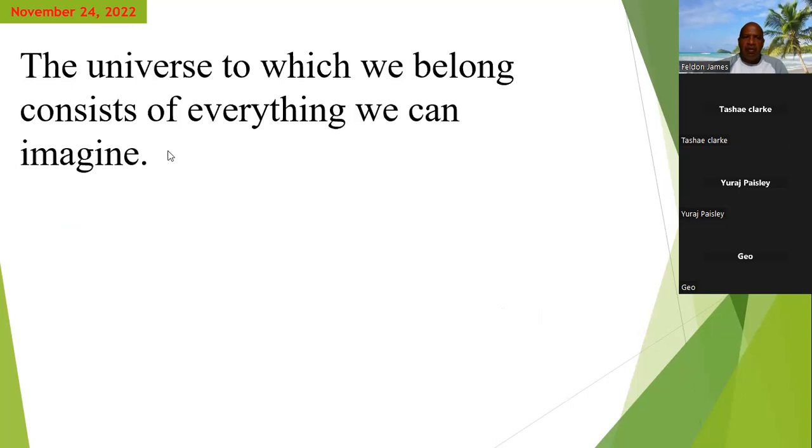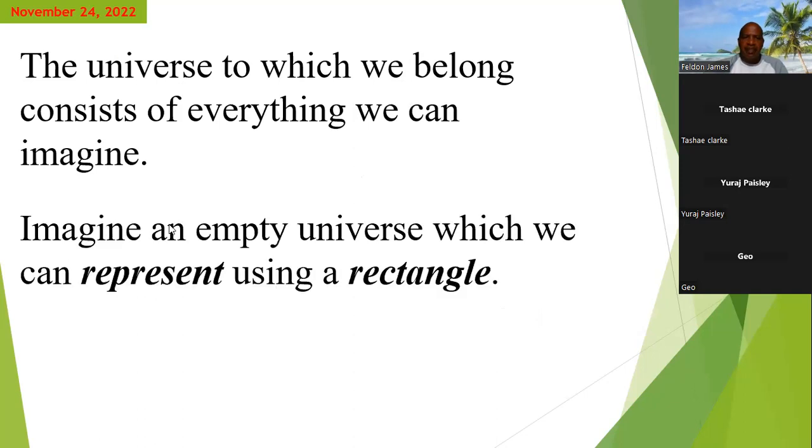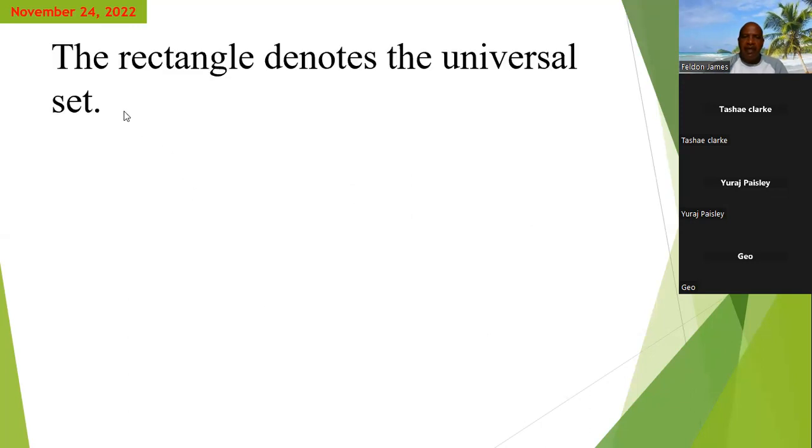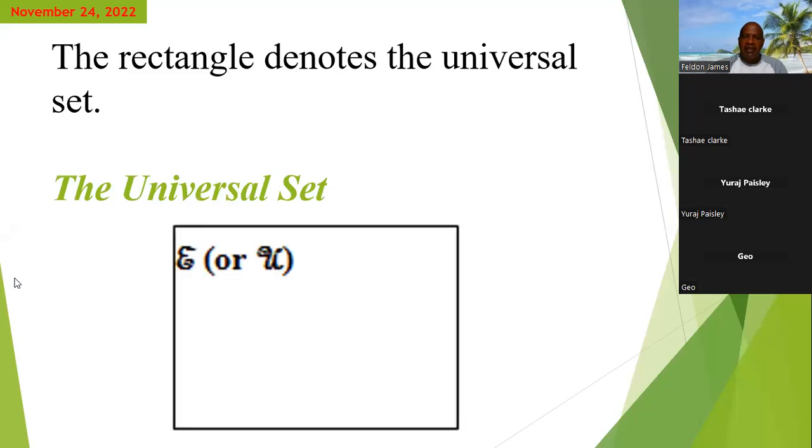All right, now, the universe to which we belong consists of everything we can imagine. Imagine an empty universe which we can represent with a rectangle. So here, the rectangle would denote the universal set.